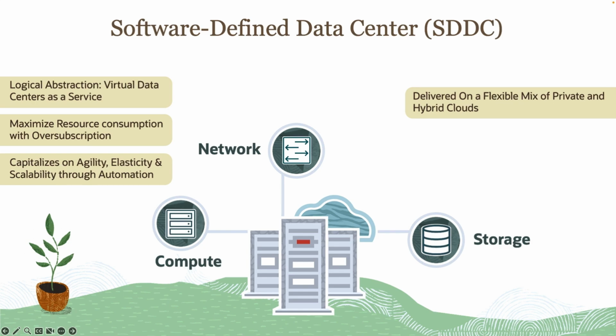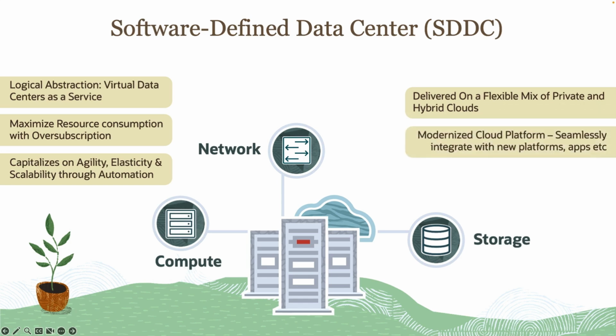And for this reason, you can deliver an SDDC on a flexible mix of private and hybrid clouds like OCVS. Due to the fact there is no interdependency between the apps running on the physical infrastructure, this provides the environment portable and bringing capabilities to seamlessly integrate new applications that makes SDDC a modernized platform.